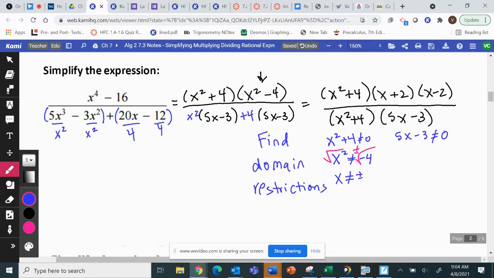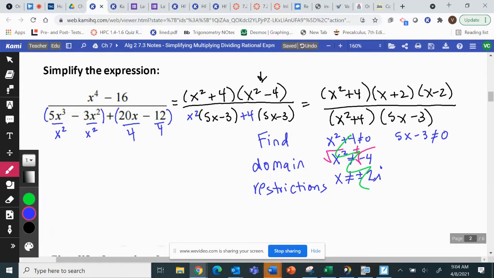You can't have a real answer. Yeah, so it's like 2i. But you're right. It's not a real answer. So when we talk about domain restrictions, the imaginary ones don't matter. If it's real, it's going to matter. If it's imaginary, it doesn't matter.